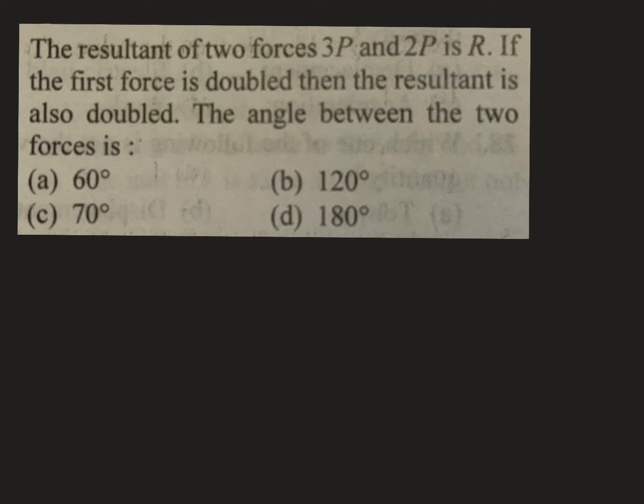The resultant of two forces of magnitude 3p and 2p is r. If the first force is doubled, then the resultant is also doubled. Find the angle between the forces. Let theta be the angle between the forces.